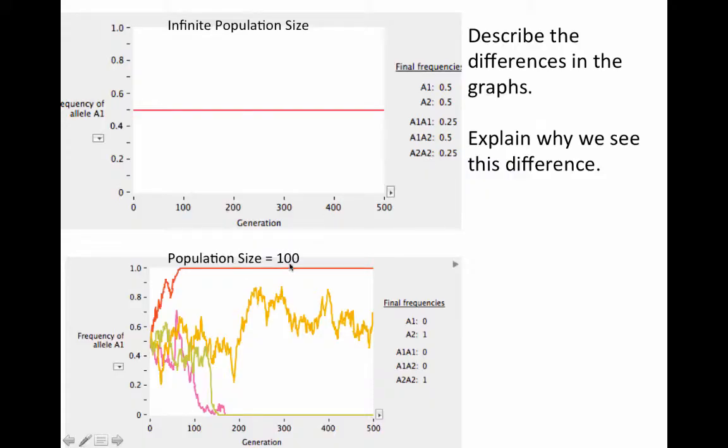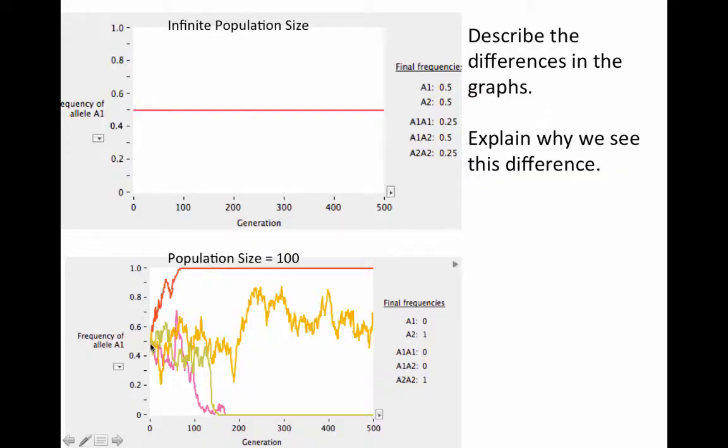So if we start out with a much smaller population, say 100, and we start the population with 0.5 for A1 and 0.5 for A2, you'll notice that sometimes one allele goes to fixation. In other words, it goes all the way up to 1. And if A1 goes to 1, A2 must go to 0, which is called extinction.